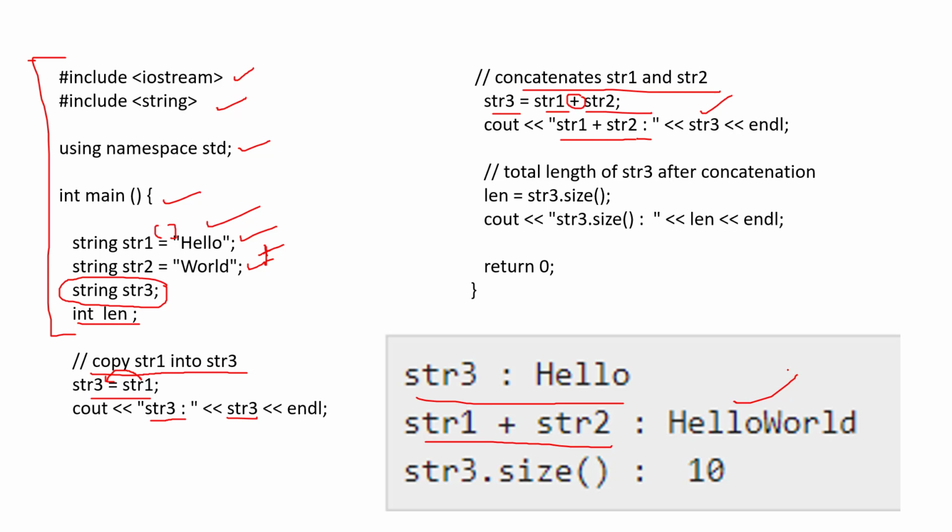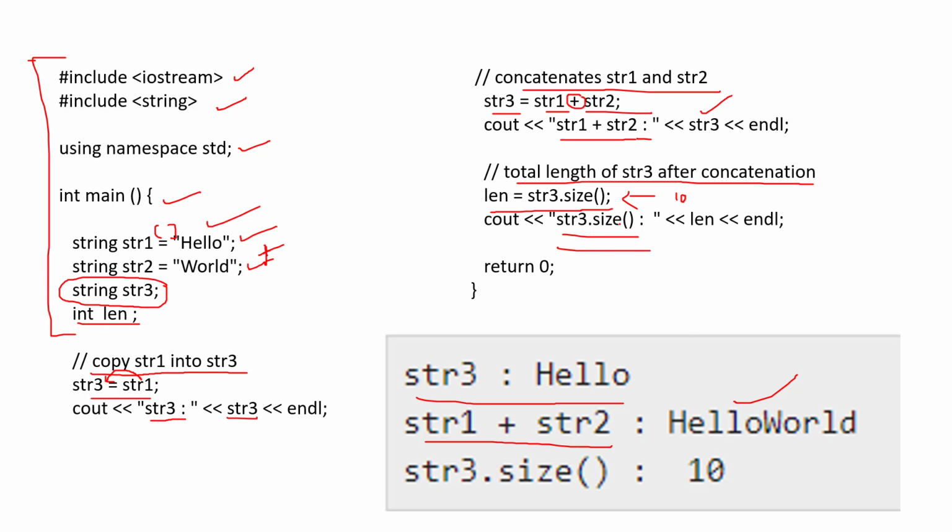Very clear. Next one, we have another option to find the total length of str3 after concatenation. Length is equal to str3 dot size. So str3 dot size will perform the operation, and the value will be 10 because hello is 5 characters and world is 5 characters.